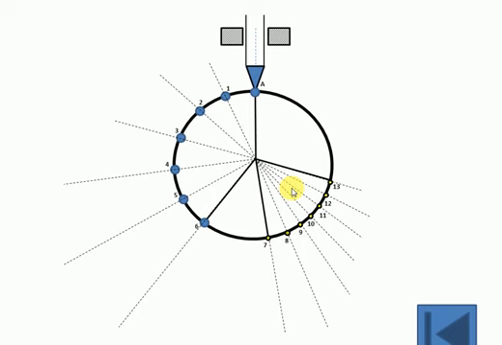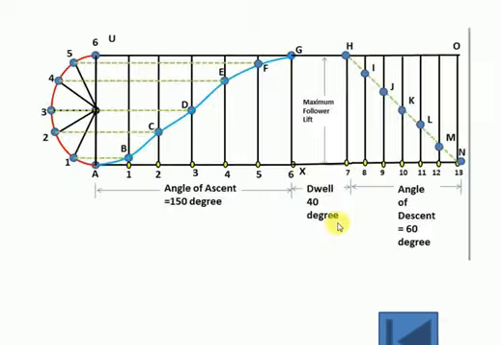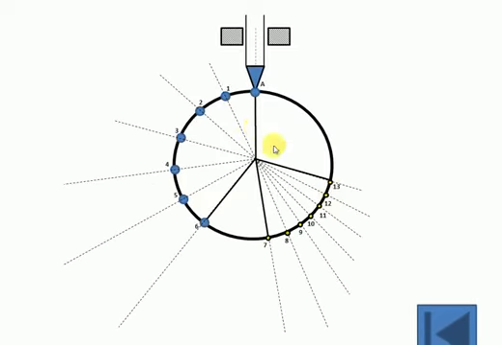Now we'll take the displacement from the displacement diagram, that is from point 1 till B. This vertical line 1B we will mark on the line.